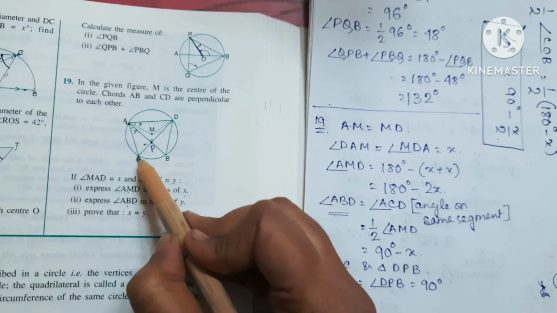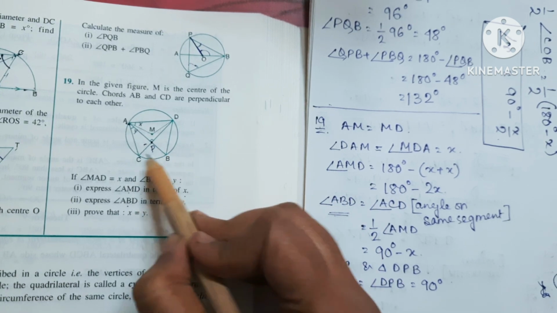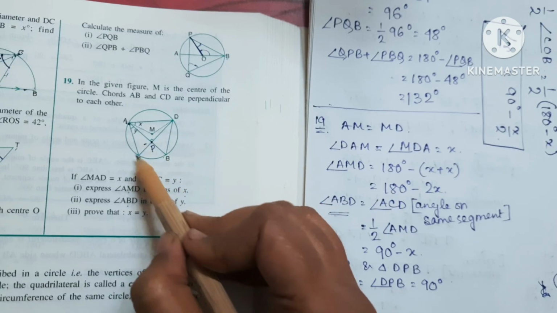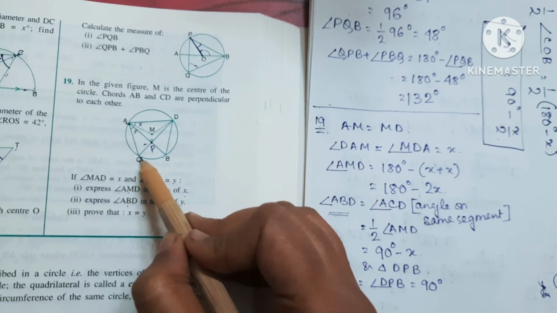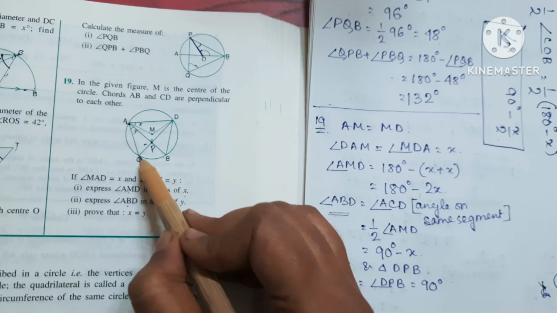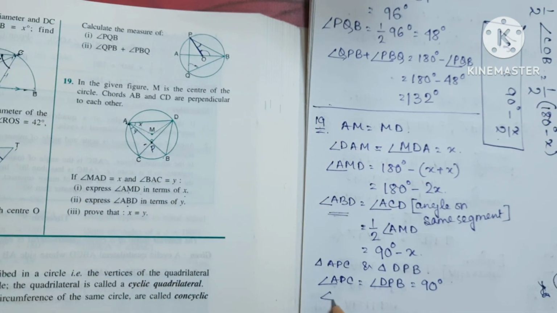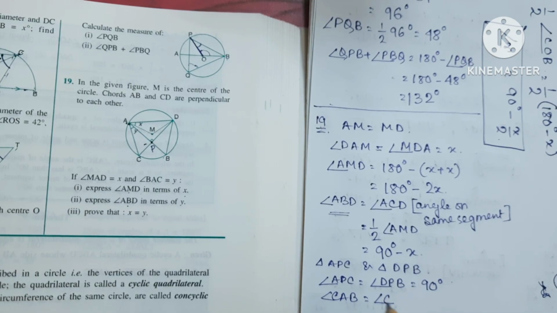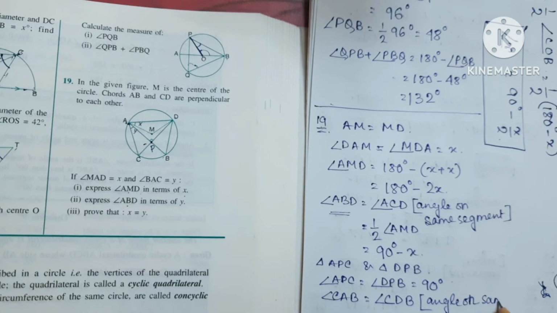Now angle CAB is equal to angle CDB because they are angles on same segment.